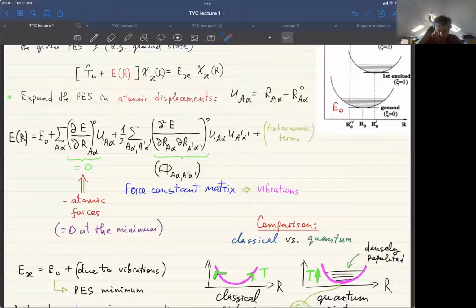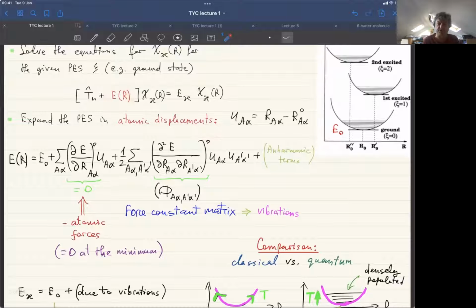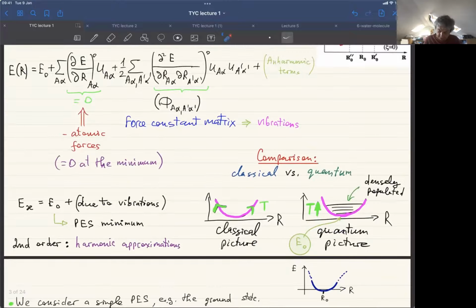So if we are within the harmonic approximation, then the potential energy of the system, which enters this Schrödinger equation for the nuclear wave function, would be just a square polynomial with respect to atomic displacements without linear terms. Yeah, that's the important point for our discussion right now. Right, in the classical picture, what does it mean?